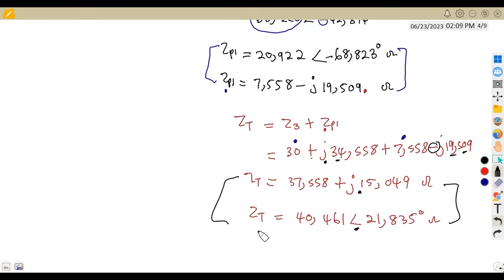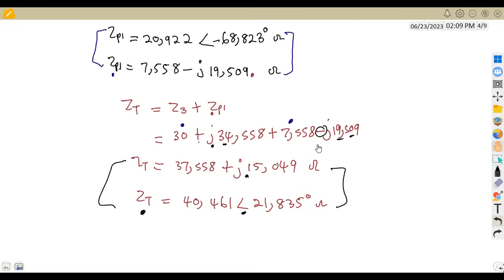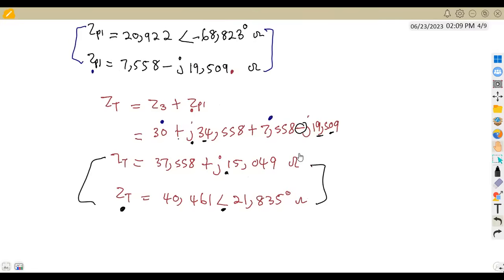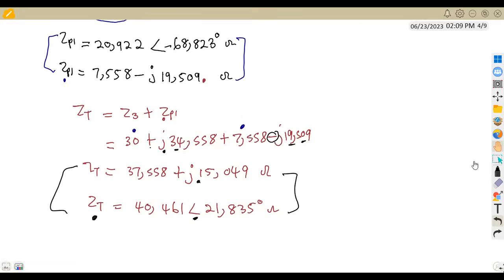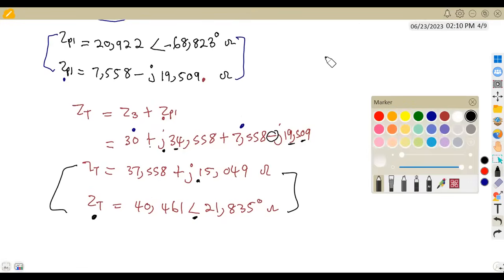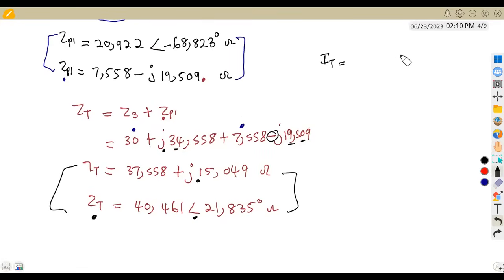So with this total impedance, we can obtain our total current, because we know that our total current is given as V, that is the total voltage, over the total impedance. So here, let us have our total current. The total voltage in polar form, because we are dividing, it's best for us to have this in polar form.